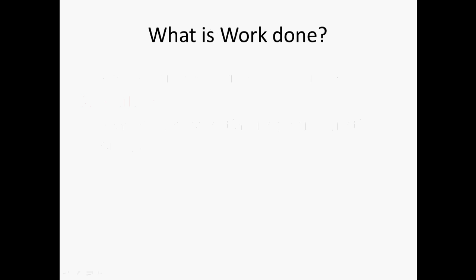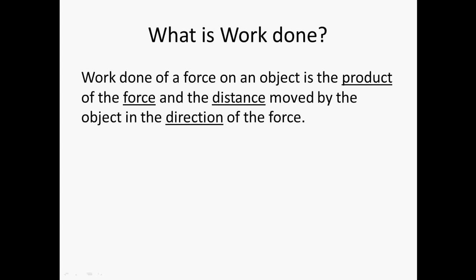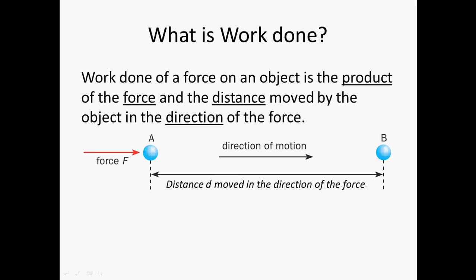The first question you will want to ask yourself is, what is work done? This is the definition. Work done of a force on an object is the product of the force and the distance moved by the object in the direction of the force. Let's say you have a force F acting on an object here.